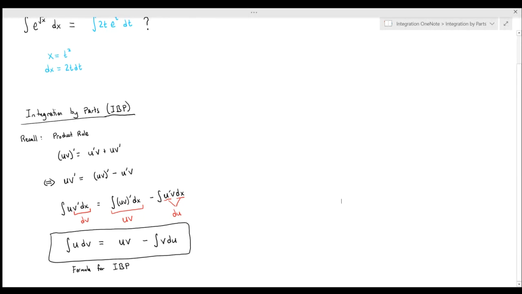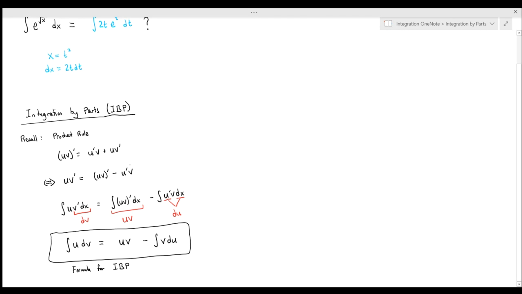So here, the idea of integration by parts comes from the product rule for derivatives. I've written out what the product rule is here. It's uv prime is u prime v plus uv prime. I'm going to take the product rule and rearrange it a little bit.